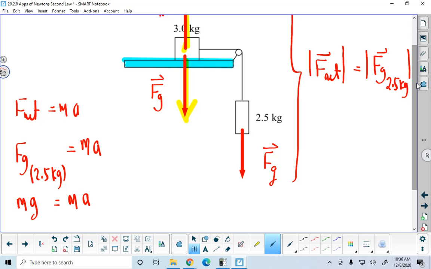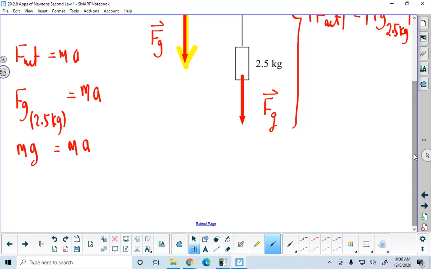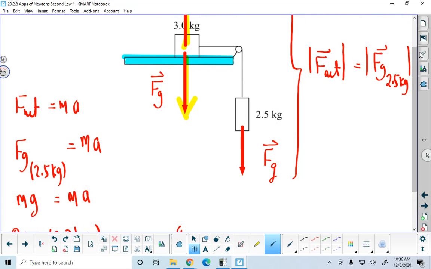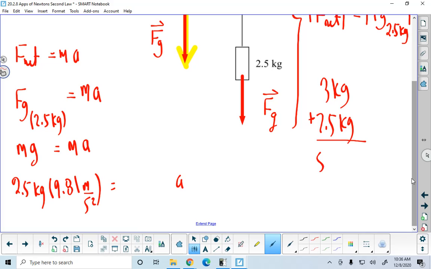The mass on the left side is 2.5 kilograms times 9.81 meters per second squared is going to equal the magnitude of the acceleration times the total mass that accelerates. And when you look up here, we've got 3 kilograms plus 2.5 kilograms, which gives me 5.5 kilograms accelerating.